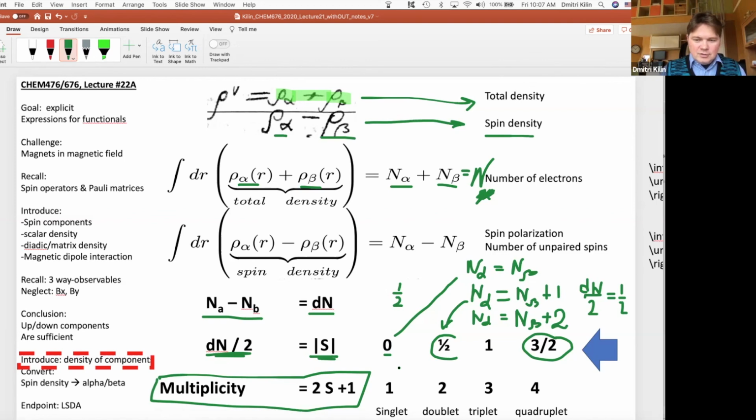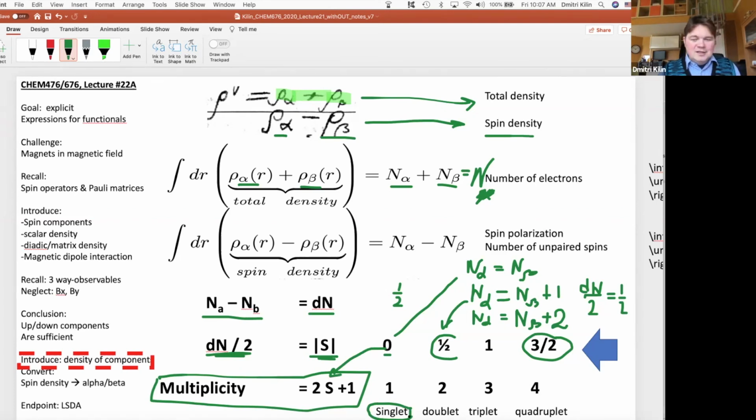So if we have spin 0, then it is unambiguous. There is no degeneracy, it's only a single configuration. If you plug 0 into 2s plus 1, it gives us 1. Make sense?